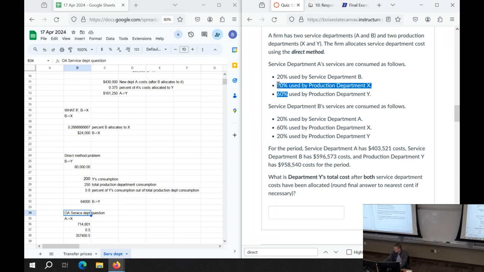So 60 over 80, that's 3 over 4, 3/4 of A's 403,000 is going to be allocated. So add 3/4 of that to 958. And B is going to allocate 20 over, looks like 80% total. So that's 1/4. 20 over 80 is 1/4. So 1/4 of the 596,573 here is going to be added to 958,540 to get total department-wide costs.